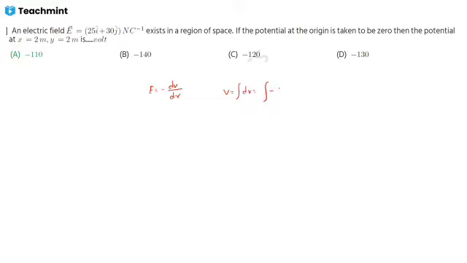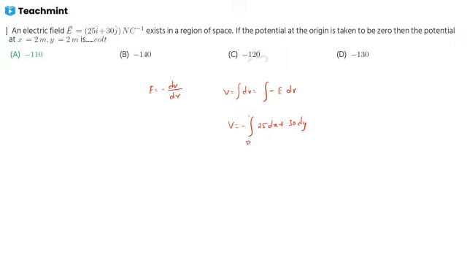So we can write it as minus E dot dr. So V is equal to minus integration of. So we are going to take the components of that. Okay, dr, that is 25 into dx plus 30 dy.